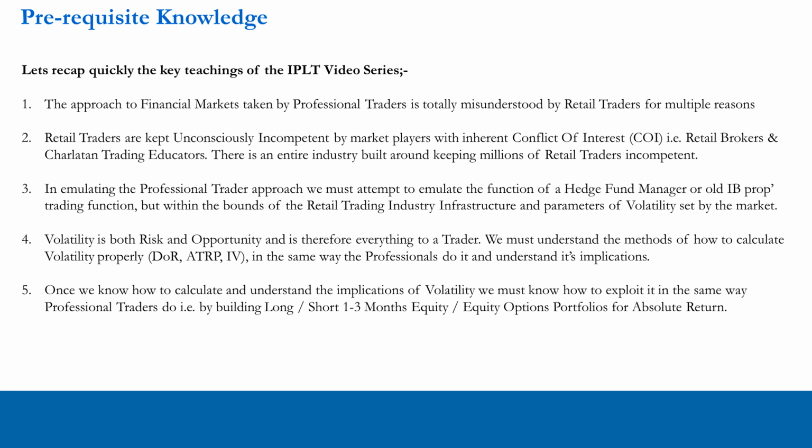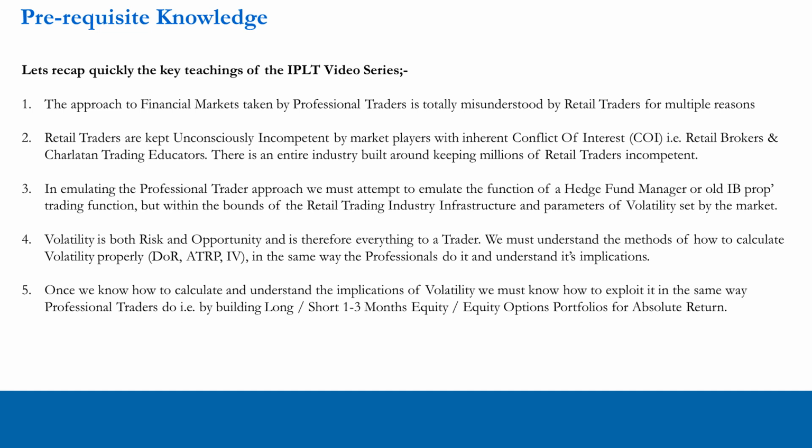And we did that in the IPLT video series by calculating distribution of returns, average true range percentage, and implied volatility. Those are the methods, and we calculated it in the same way that professional traders do it in order to understand its implications. Why? Because these are the methods that professional traders use.